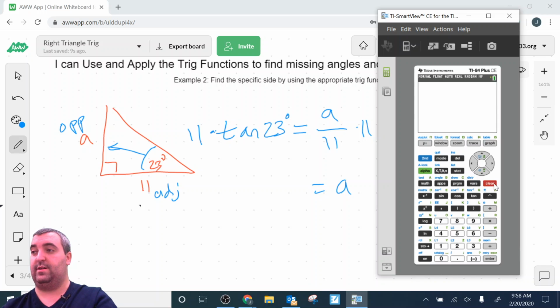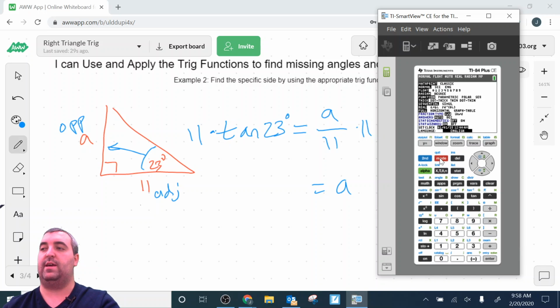Just so we're clear on how to type this in, I would say 11 times tangent of 23. Here's why we choose sine, cosine, or tangent, because we have those specific buttons on our calculator. Now, before I hit enter though, because it's the first time I'm doing a problem today, I always want to check my mode of my calculator.